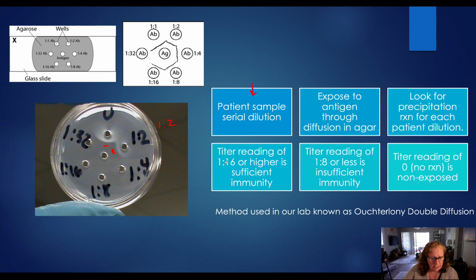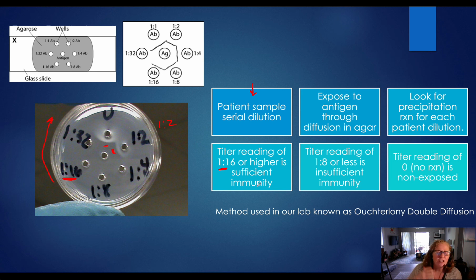So in this case, if my titer is a 1 to 16 or higher, my patient would have to have a reaction all the way up to this titer dilution right here. If it's 1 to 16 or greater, meaning 1 to 32 or 64, etc., then my patient is considered to have sufficient immunity.